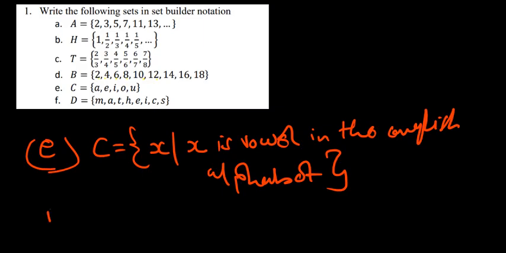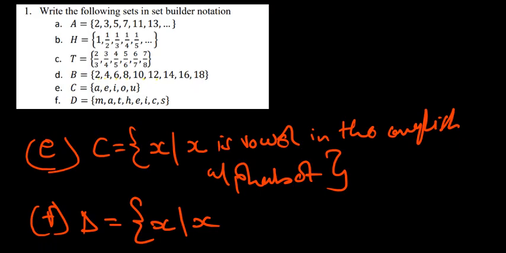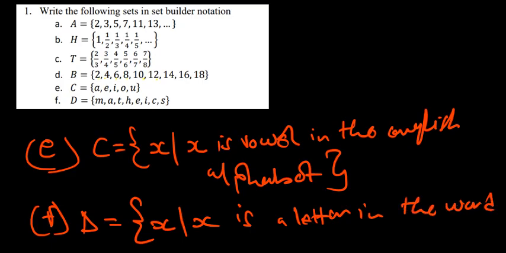And then the set F, we see that those letters are just from the word mathematics. Okay, so that's it about this question here. We're going to say set D is a set of all x's such that x is a letter in the word mathematics.